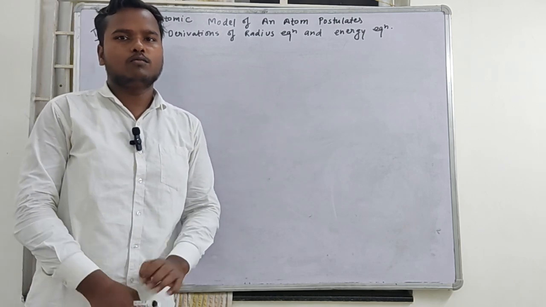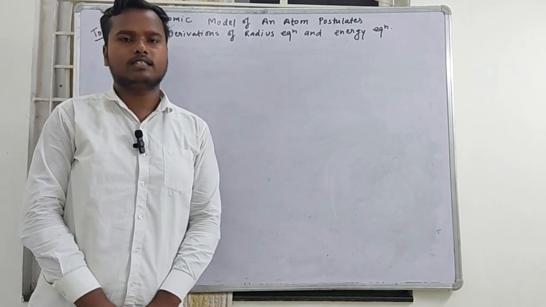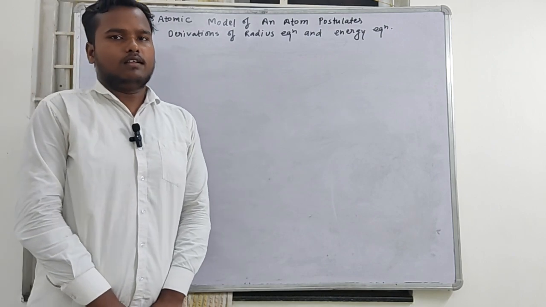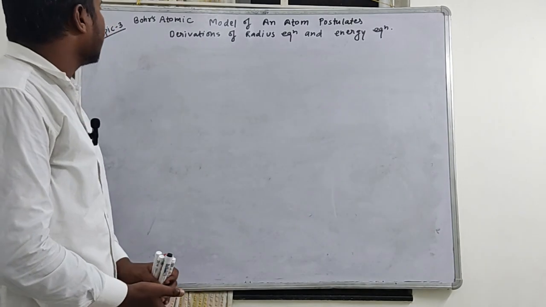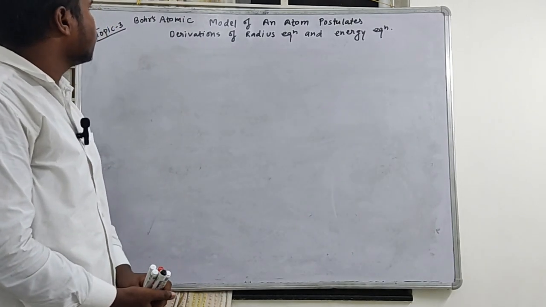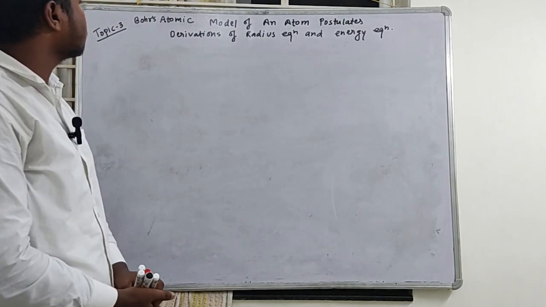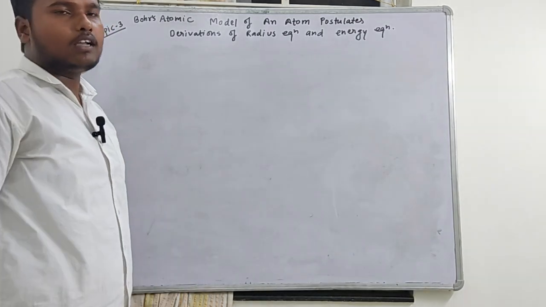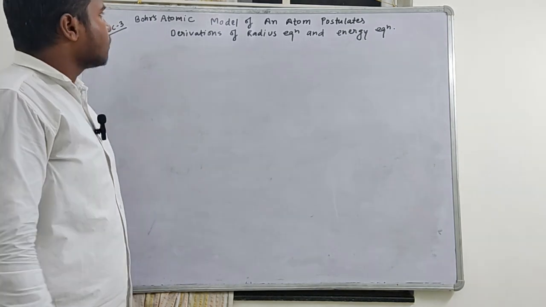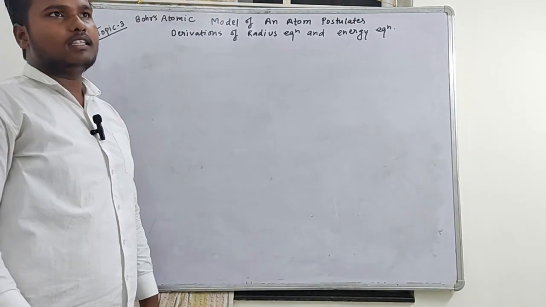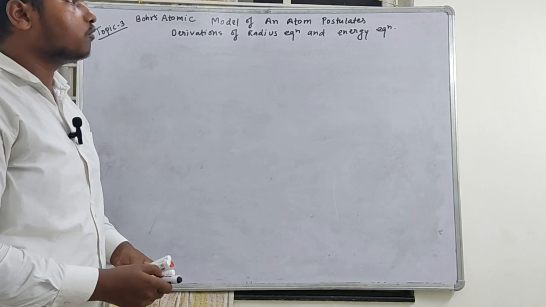Today I am going to teach Bohr's atomic model of an atom, its postulates, and the derivations of the radius equation and energy equation. Before coming to Bohr's atomic model, first we have to know why Bohr's atomic model came. Actually, there were some drawbacks in the Rutherford model. There were two major drawbacks.